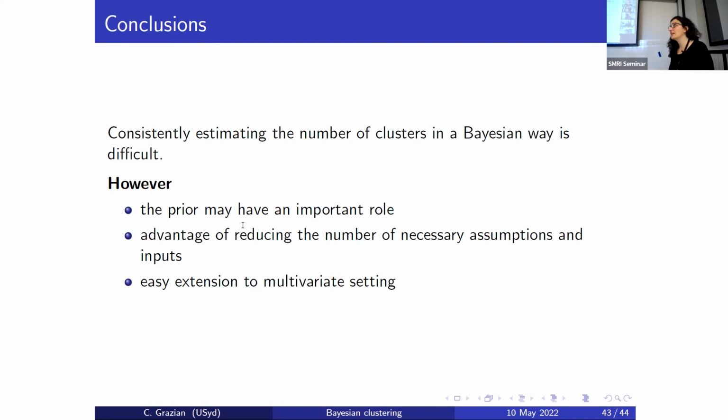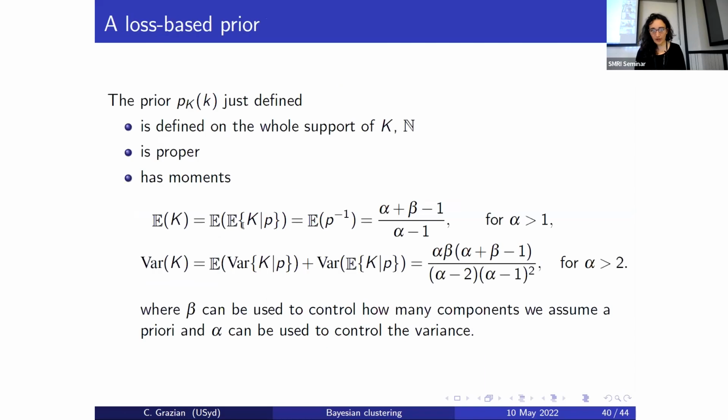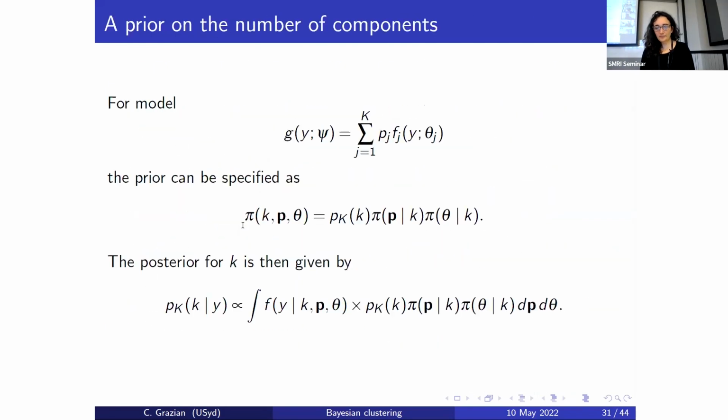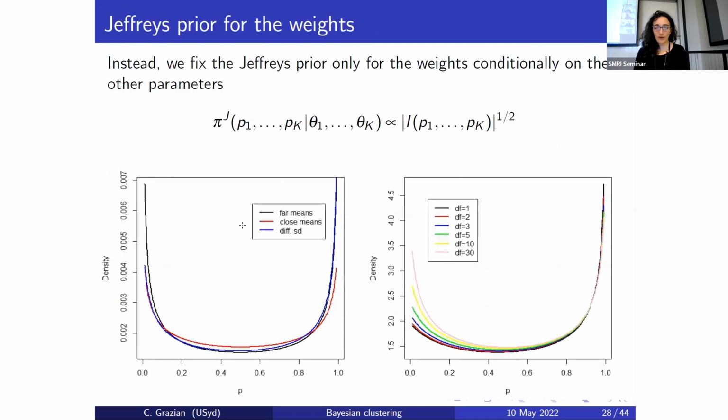But I think the point is that, for both the priors that I showed, this one and the one for the weights, the idea is to define something that you want on the posterior, and then construct a prior by default.